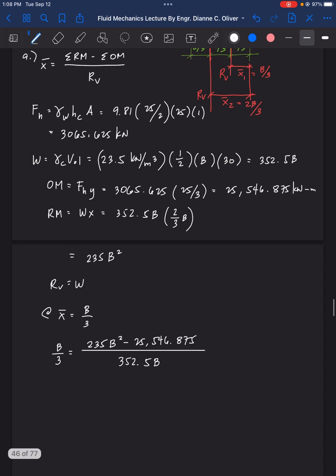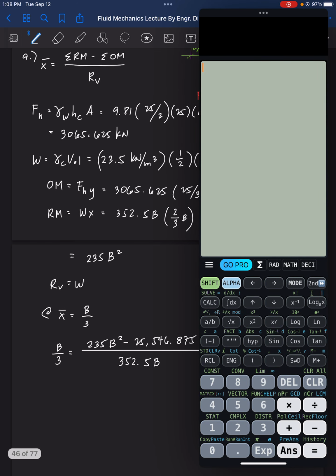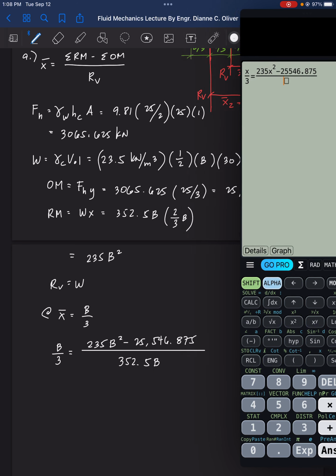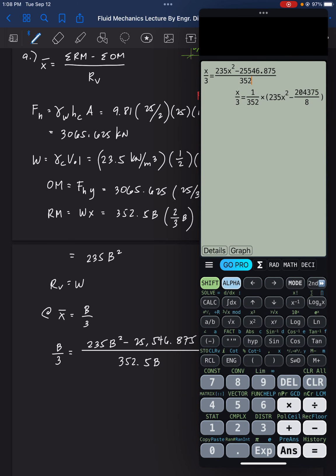Okay, so let's have the value here. So alpha x over 3, that is alpha equals 235 alpha x squared minus 25,546.875 all over 352.5 alpha x.